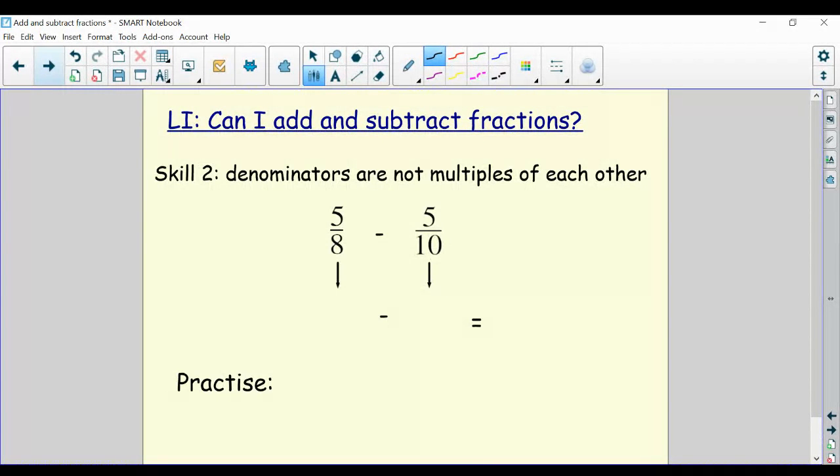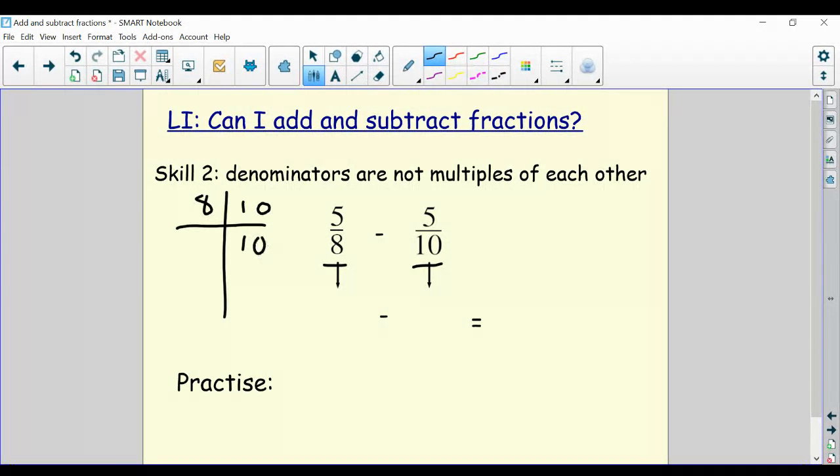The second skill is another one that we've practiced, this time where it is not easy to get one multiple to become the other. For example, with 8, we cannot do anything to 8 for it to become 10, so we need to think about lowest common multiples. So we could think about 8 and 10 like that.